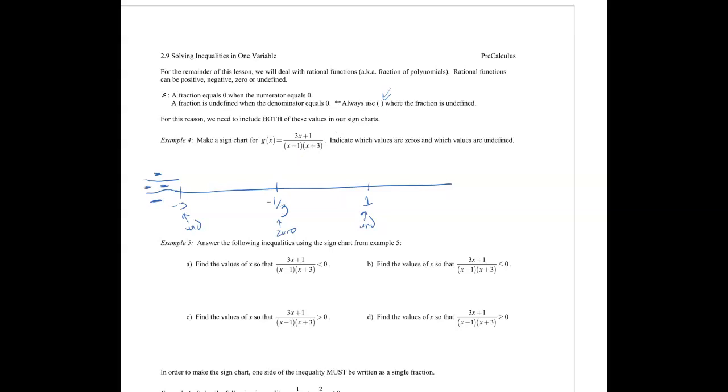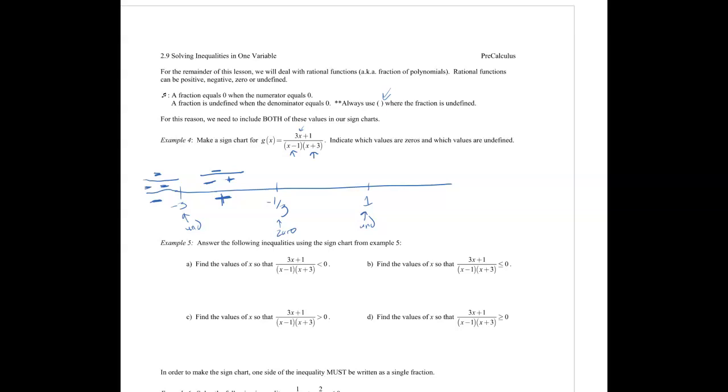Next piece, I want to plug in something between negative 3 and negative 1/3, so the easiest number is probably negative 2. Plugging in negative 2, I would get a negative up top over a negative, and a positive number in the other factor, so negative divided by negative is positive, times another negative would be positive overall.